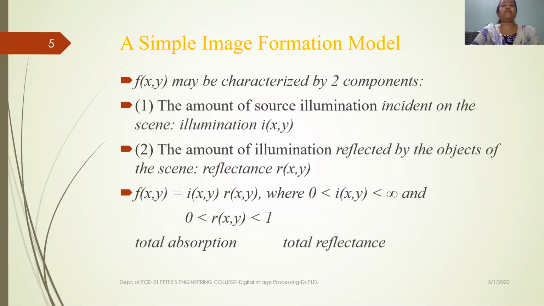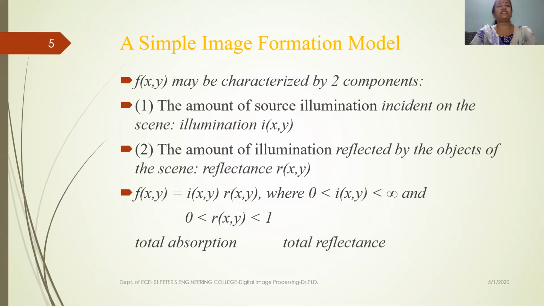Then f(x,y) may be characterized by two components: the amount of source illumination incident on the scene, and the amount of illumination reflected by the objects from the scene. This is called illumination and reflectance.